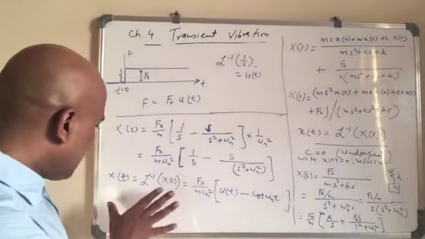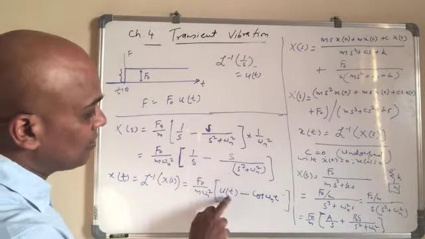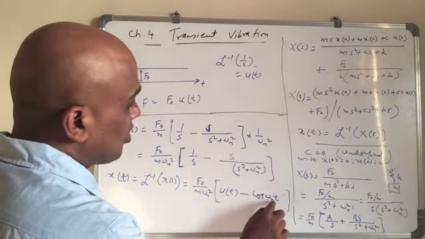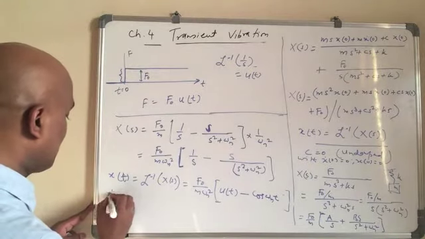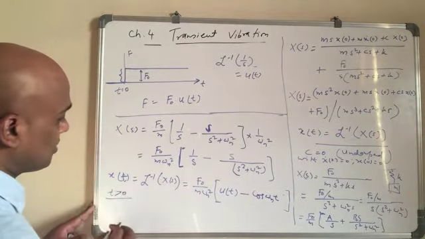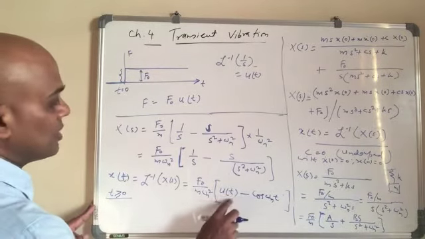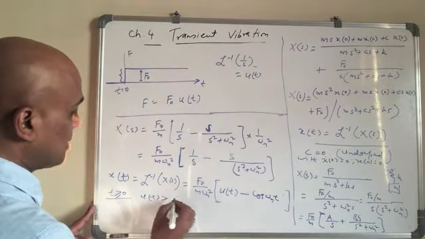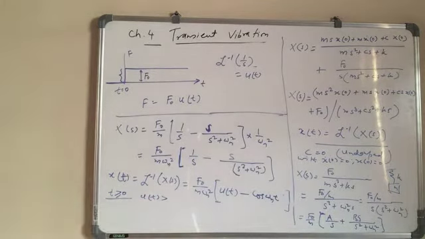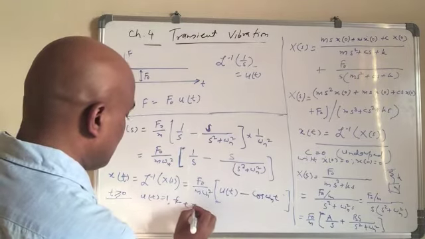So given the solution now, x(t) equal to F naught over m omega n squared, u(t) minus cos omega n t. If we are writing for t greater than 0 only, then we know that u(t) will be equal to 1 for t greater than 0.